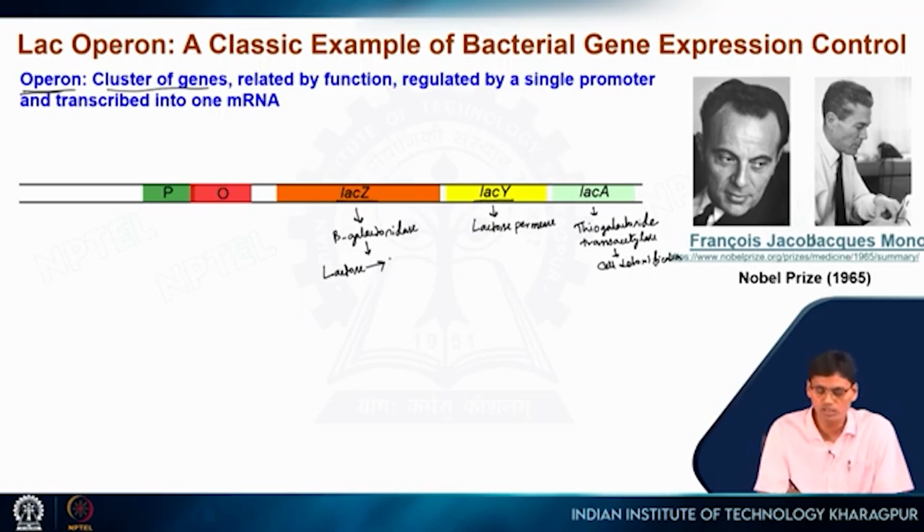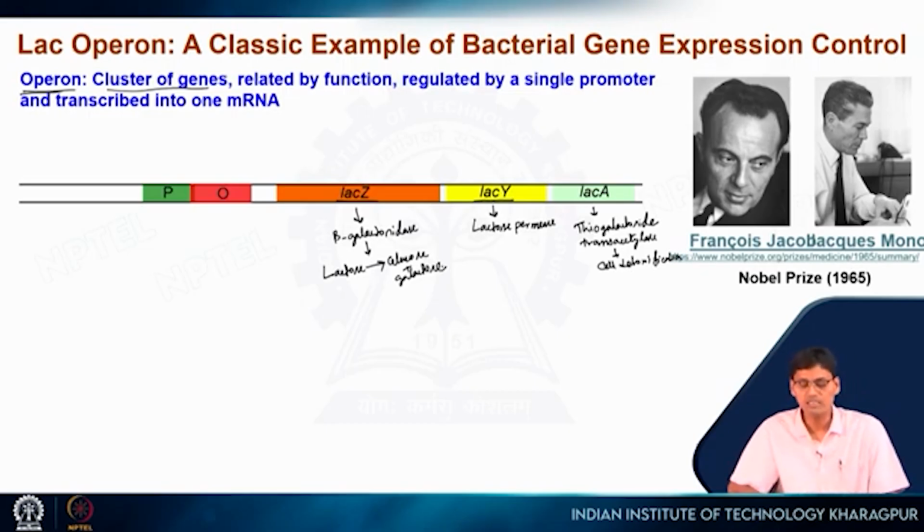So lactose will make glucose plus galactose. This conversion is done by the enzyme called beta galactosidase. This is the enzyme that will break lactose into glucose and galactose.